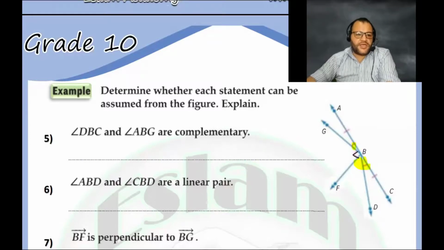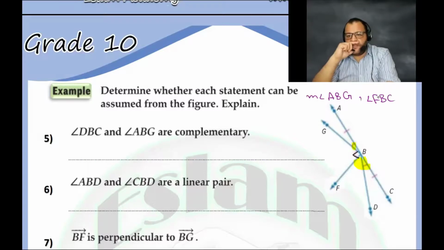So if I said that the measure of angle ABG and angle FBC are complementary, is the statement true or not? Yes, they are complementary.